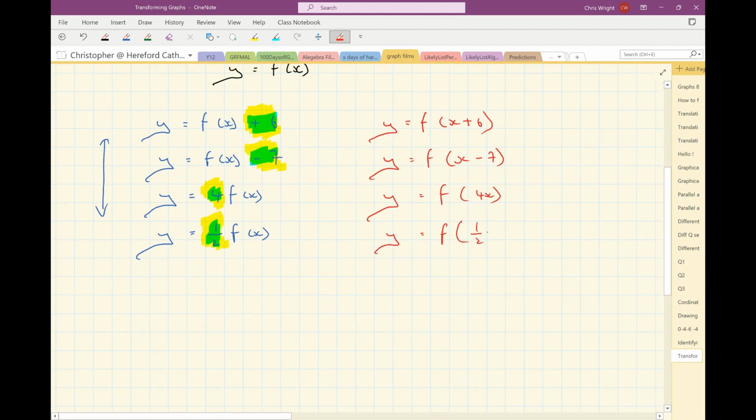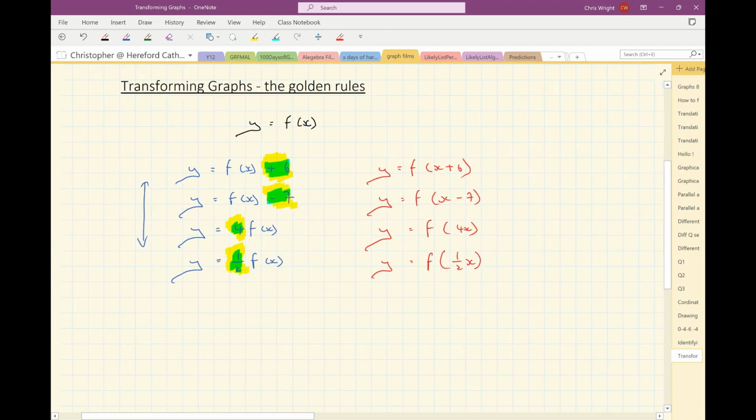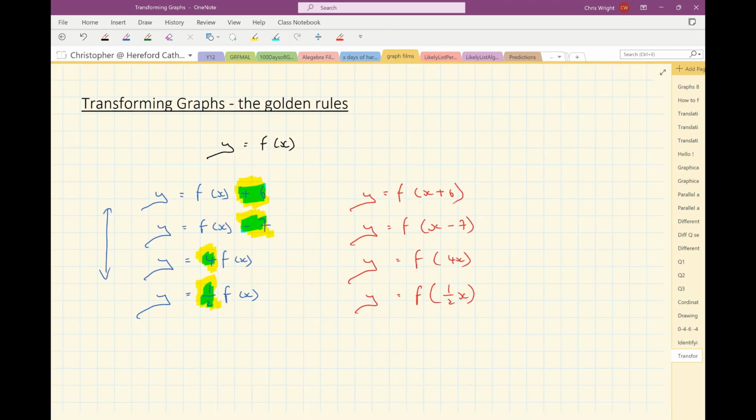Now, all of these changes are changes inside the bracket. You can see that the plus 6, the minus 7, the 4, and the half are appearing inside the bracket.